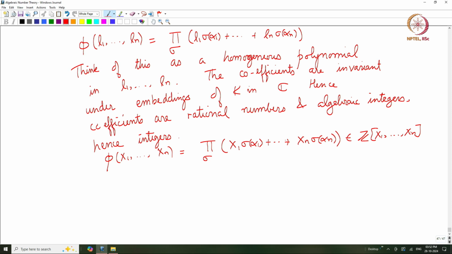Okay. Now, I am evaluating this at certain rational numbers. So, what I want to do is show that as long as I stay away from certain neighborhood of the origin, I can never get an integer.